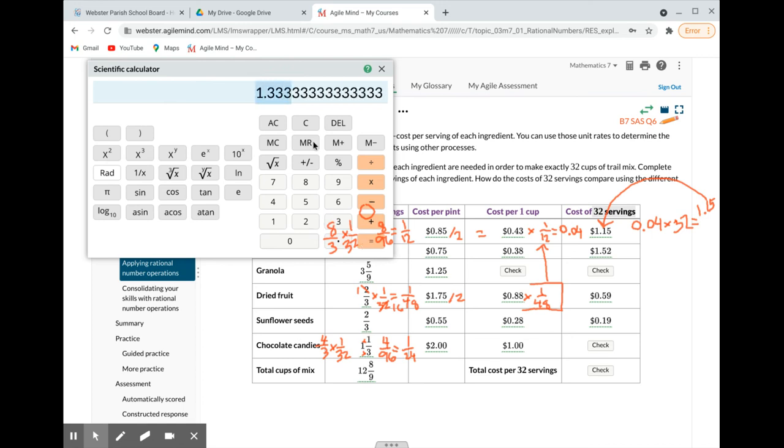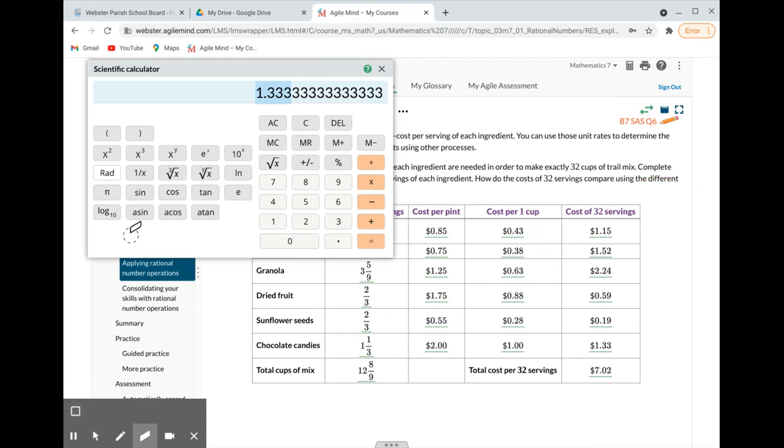So it's $1 and how many cents? 33. All right, good. I'm going to go ahead and just check this one. What would you have to do with all of these so that you could get your total? Add them up. Good. And so that would be our answers and how to get them.